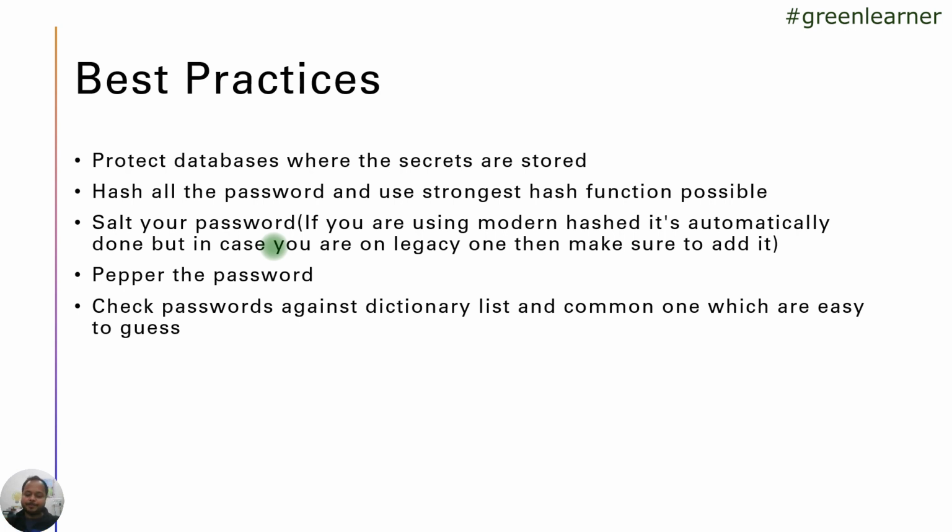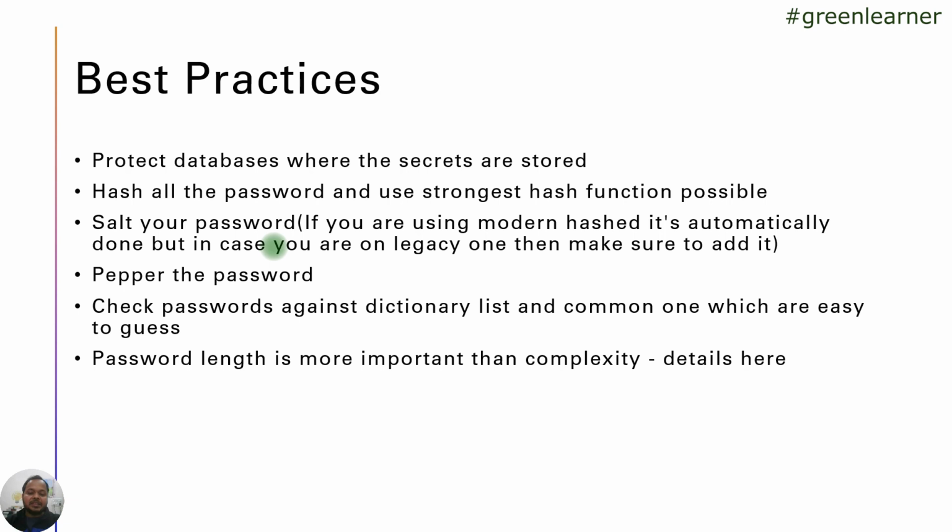This must be avoided. Length is also important. Sometimes we say you have to put small caps, numbers, characters, all the things, but if we discuss length and complexity, length is more important than complexity.